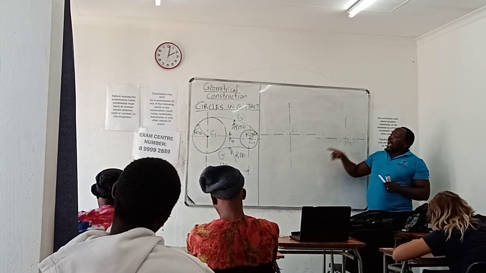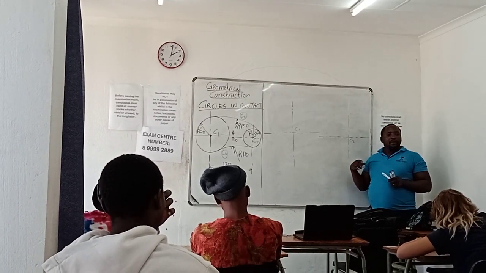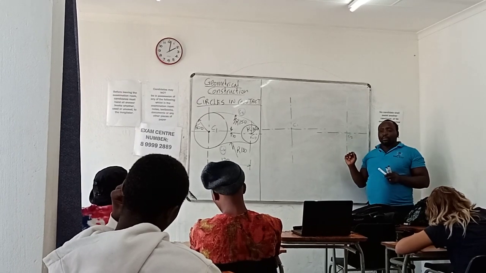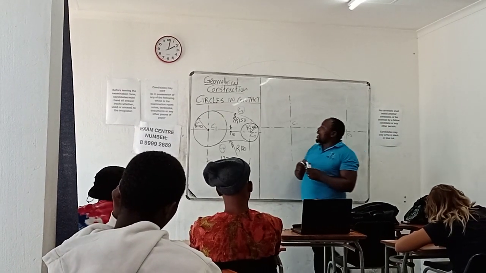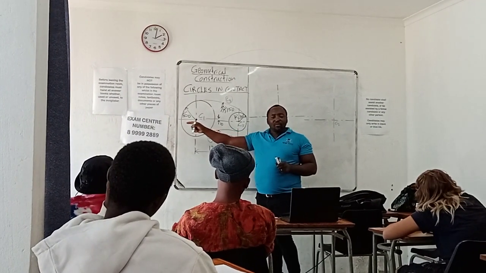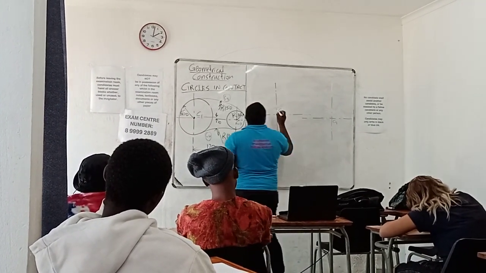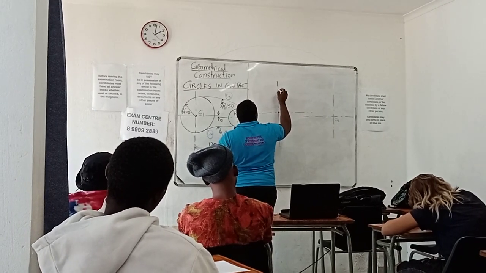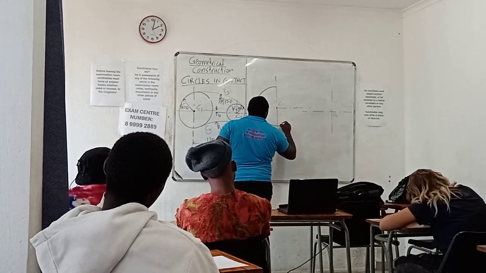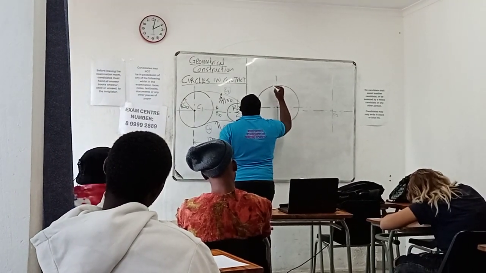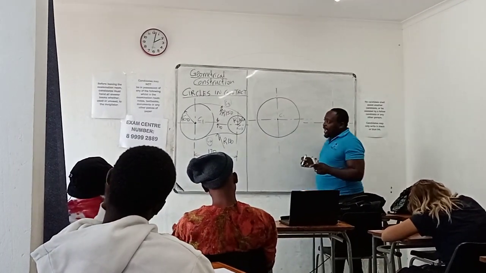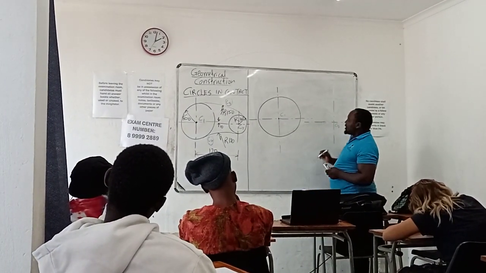On center 1, I can draw a circle. Open your compass, 60 radius, 60 millimeters. Put your compass there and draw that circle. Then the compass again, open 30 radius.